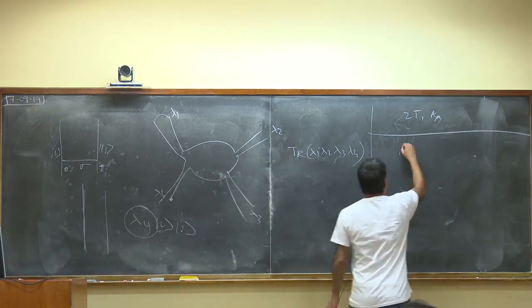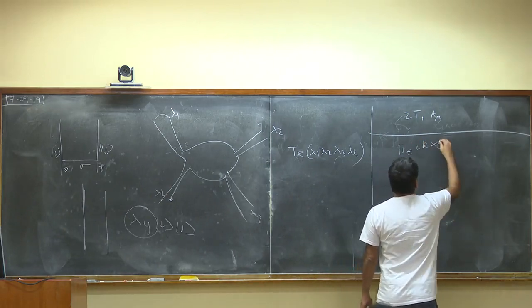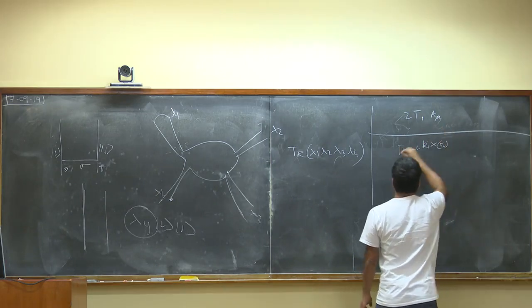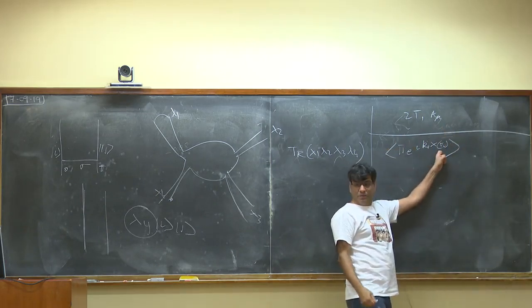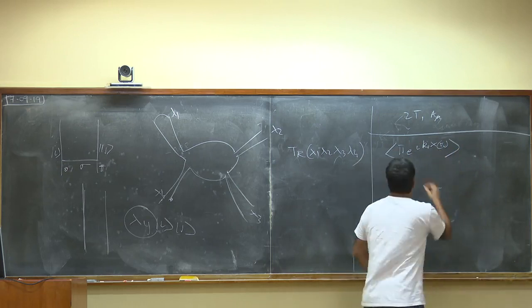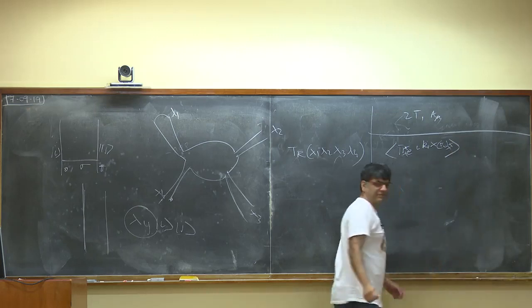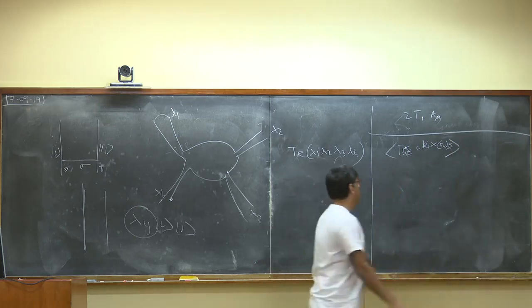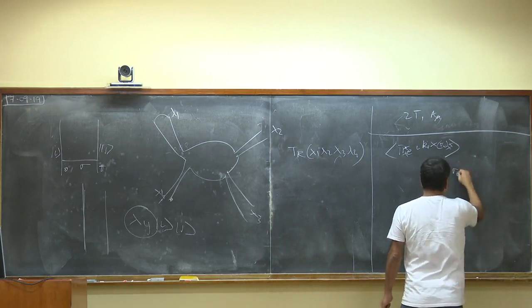If you have a product of e to the power i k_i dot x of sigma_i, and you have all of these, and these are now on the boundary, so these are boundary ordered. I think Polchinski calls them something, a funny name like this. But this is of course y_i, sigma_i.